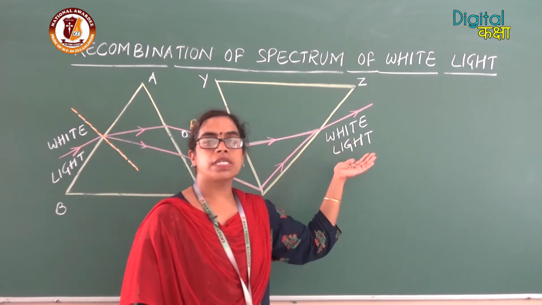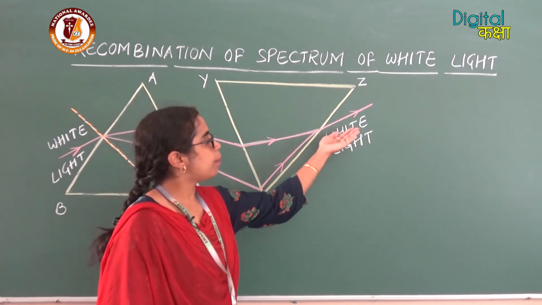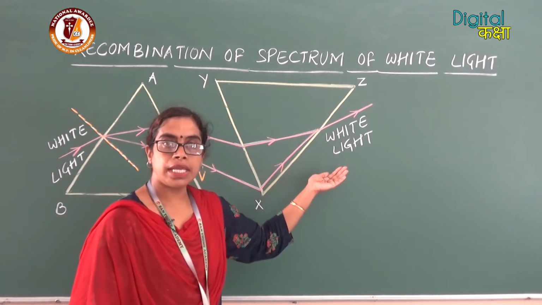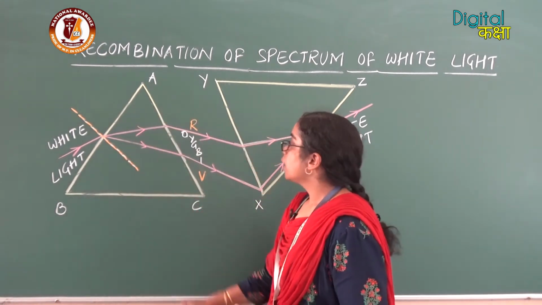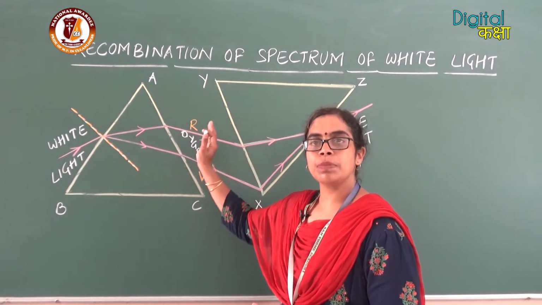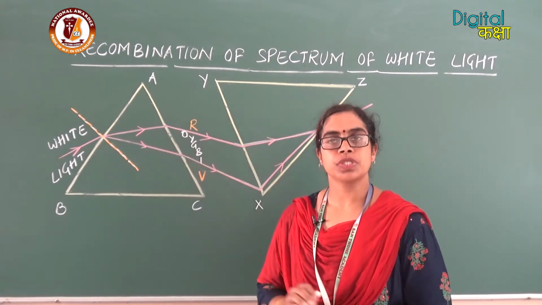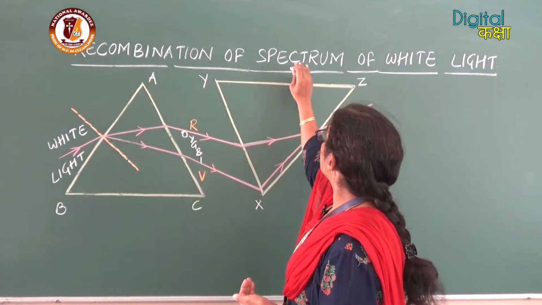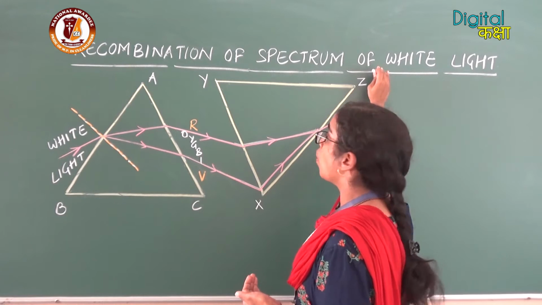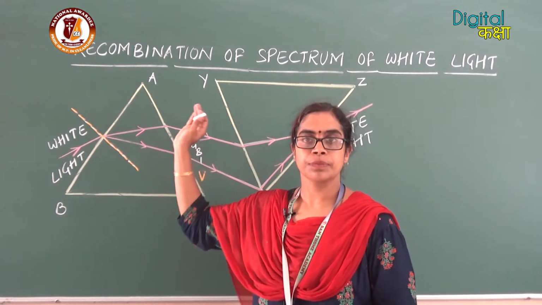This process of obtaining back the white light with the help of 2 prisms, when the second prism is kept in the inverted position, is called the recombination of the spectrum of white light.